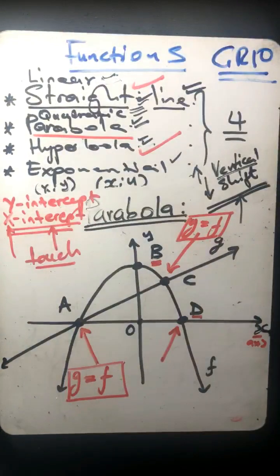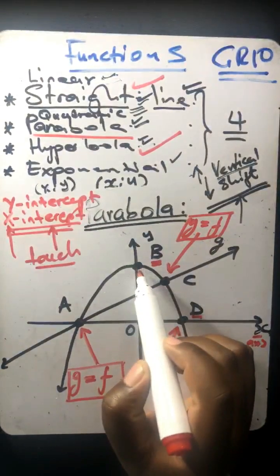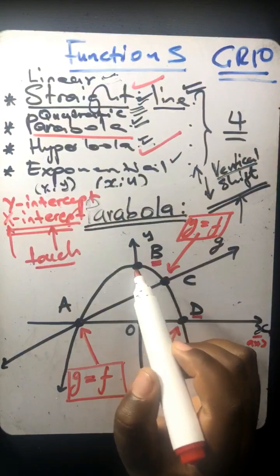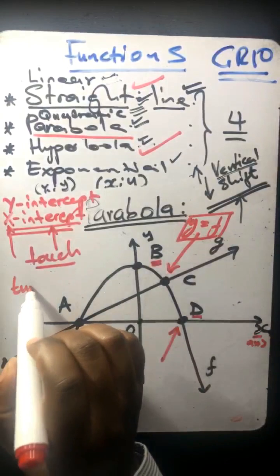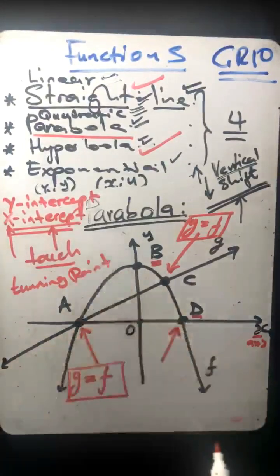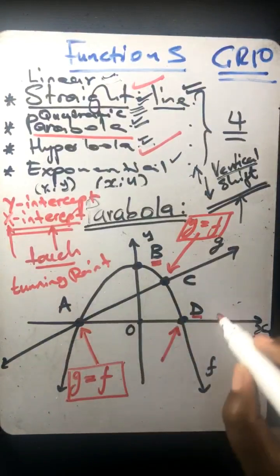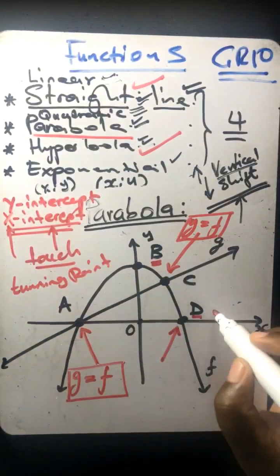And at the same time, point B is the turning point of this function. Sometimes it might be confusing to understand what the turning point is. So this is what happens from this side going to this side. This is what the function does. Can you see?